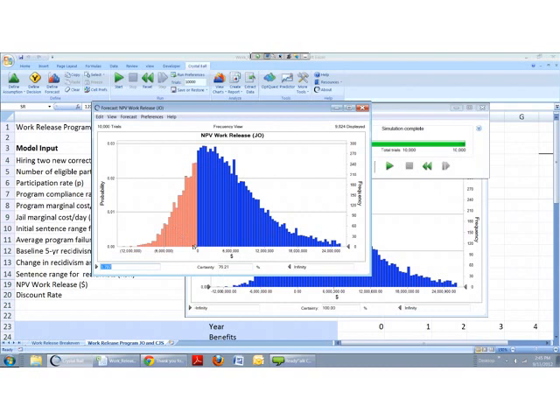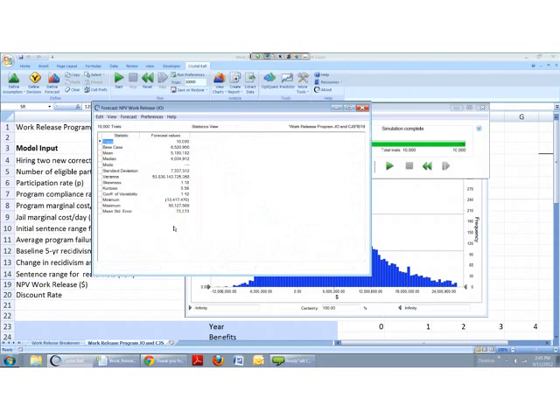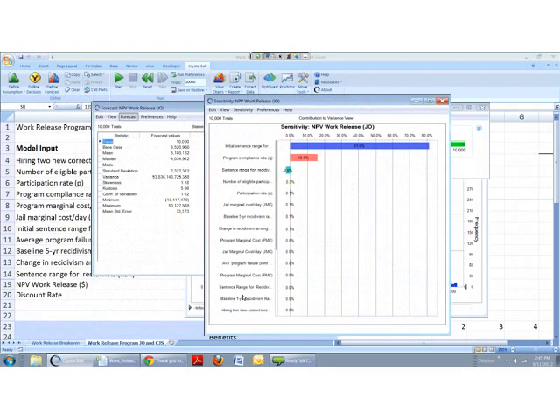You can also look at the statistics for the distribution. So it's telling you the base case values, the mean and median, and any other statistics you might care about if you want to get very mathy. And you can also look at other types of sensitivity charts. This is similar in format to the tornado diagram, although it's actually looking at how much variation in the output is really explained once we incorporate these probabilities.